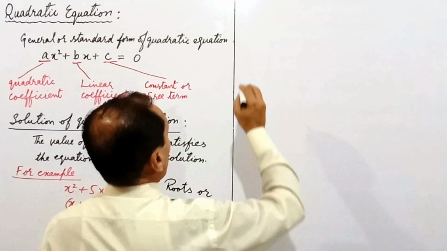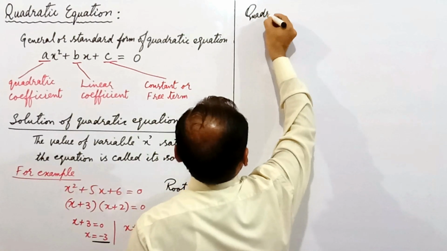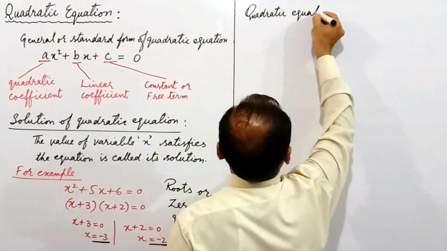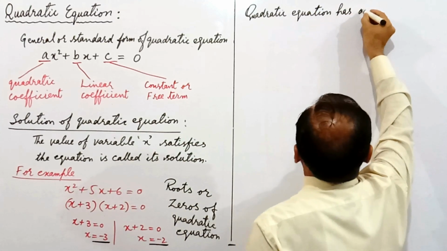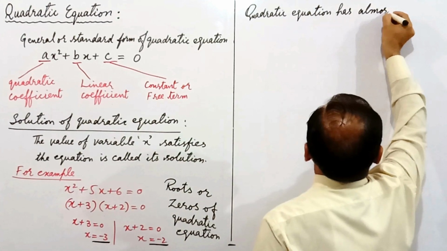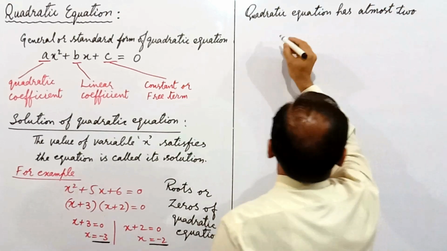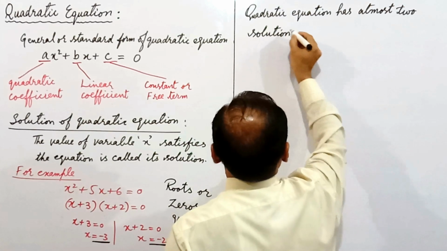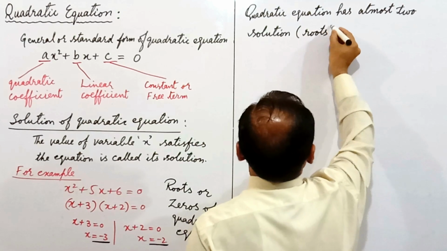Hence we come to the conclusion that a quadratic equation has at most two solutions, that is roots.